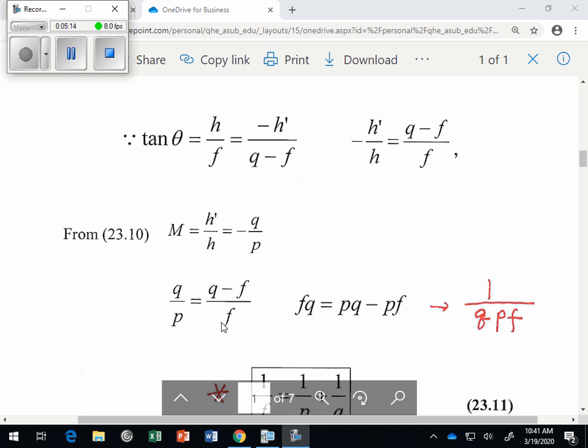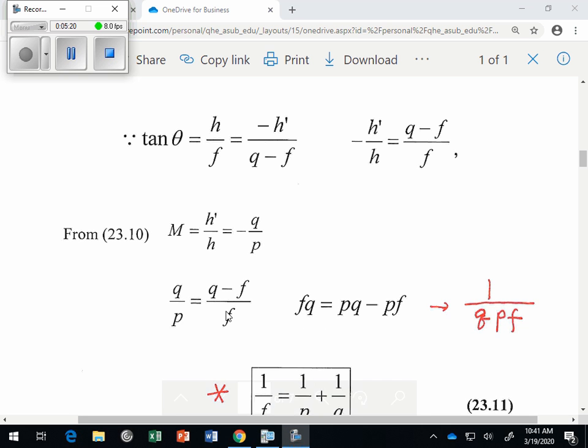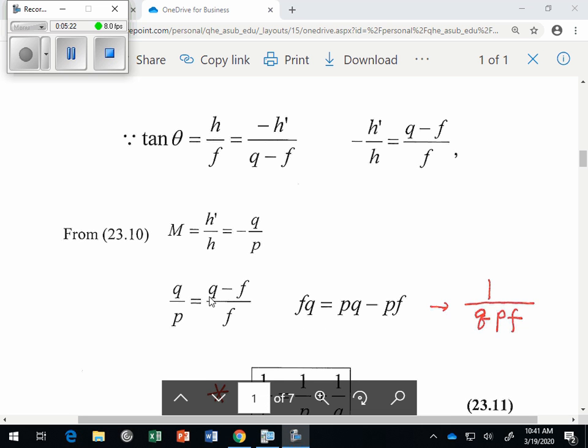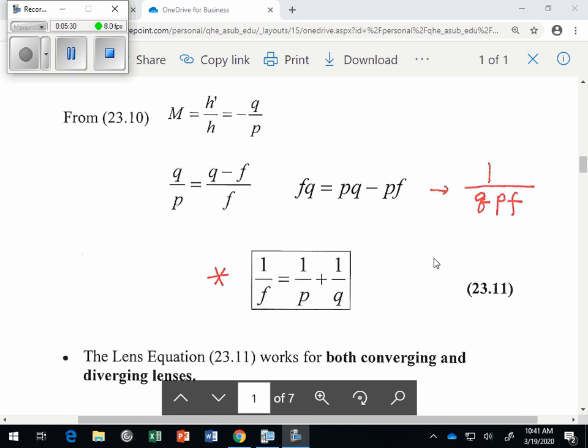Okay, now what do we do? We cross multiply. So we're going to have f times q equals p times these two, so it's p times q minus p times f. Okay, we almost get there.